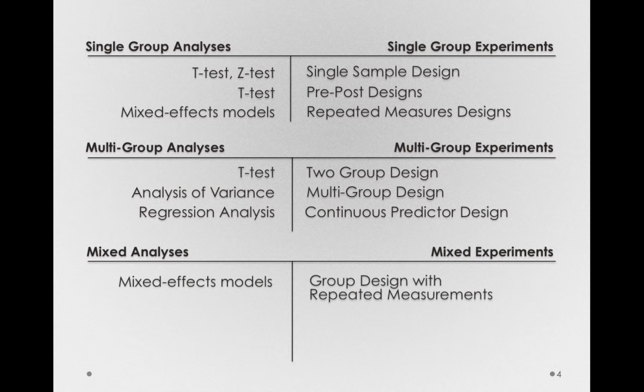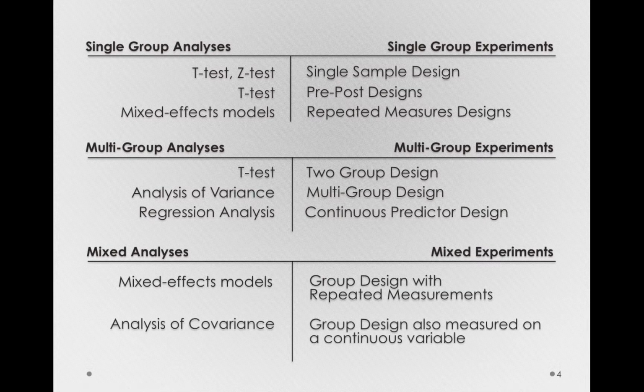A situation where we have a group design, potentially males and females, that we measure repeatedly. So these are individuals who belong to different groups, but we've measured them multiple times. These will also use a mixed effects model. Finally, we can think of another mixture, a situation where we have groupings, but we've also measured these individuals on some kind of continuous variable. That will use something called an analysis of covariance, a variant of the analysis of variance we'll spend a lot of time talking about.